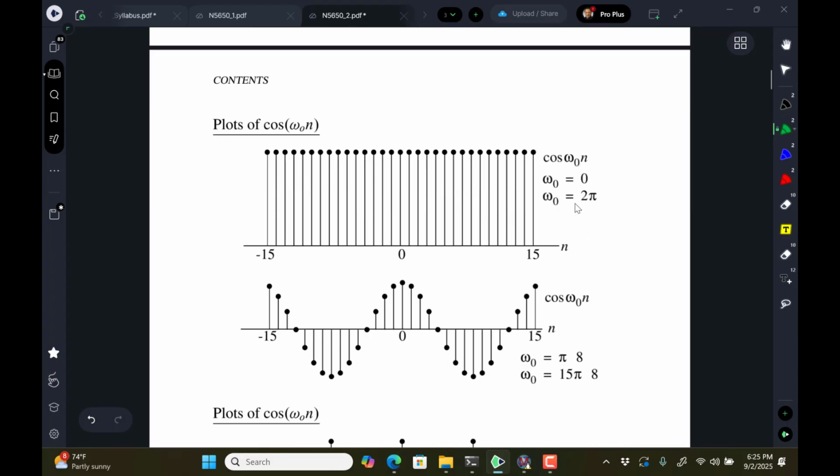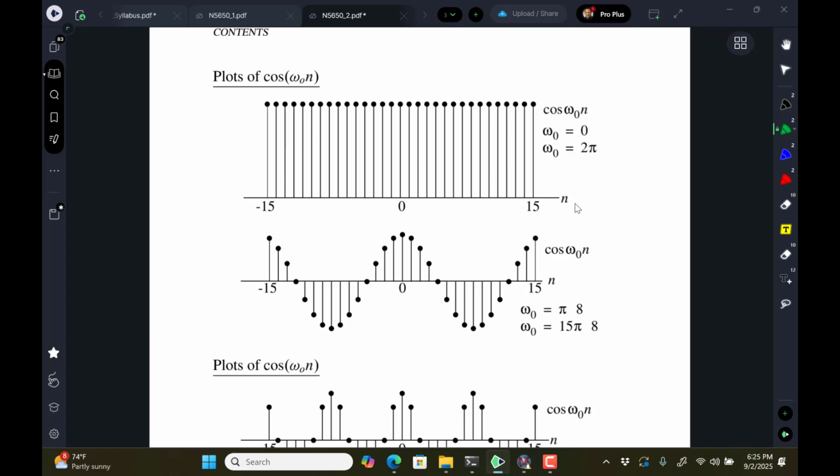As a matter of fact, if you start with this example, if you set omega naught equal to 0 or omega naught equal to 2 pi, you just get a constant value like this. If you set omega naught, say, equal to pi over 8, and 15 pi over 8, they're identical.